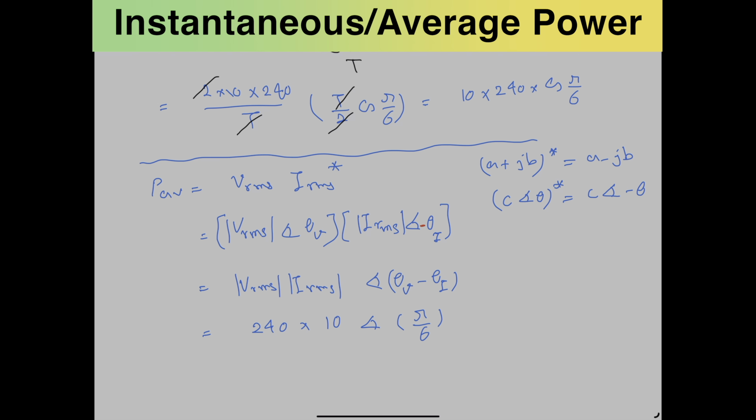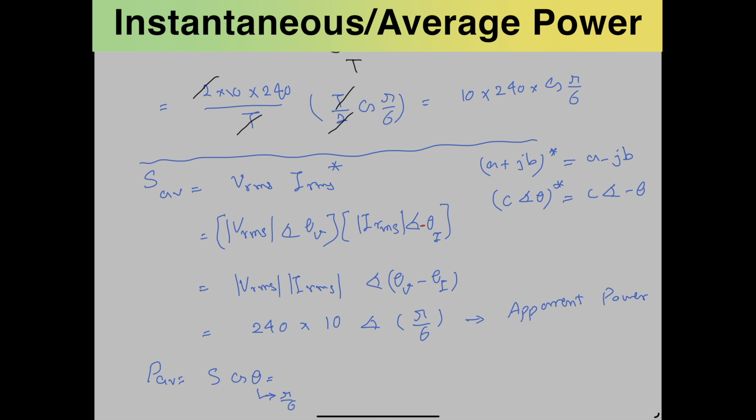Now, we need to consider that this is the apparent power, and in order to get the real power out of that, we need to multiply. So it would be better to start writing that as S. So P average is essentially S times cos theta, which this theta is the angle between the voltage and the current, or the power factor. And in our case, this theta is going to be pi over 6.